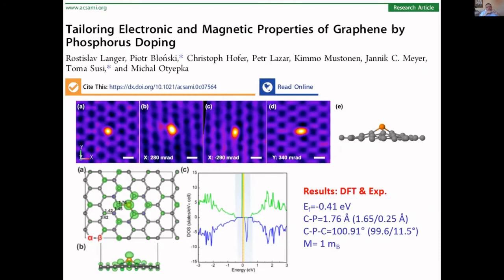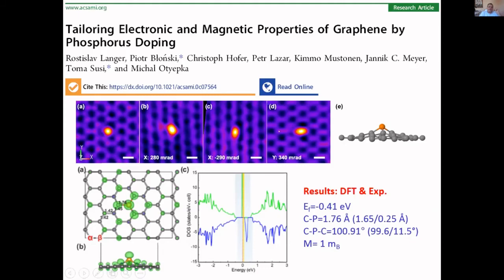This system has been studied from the theoretical point of view and reported in many papers, and in all of them, the people report a magnetic moment induced by the phosphorus. In this case, the impurity is substitutional. It's not absorbed. This is substitutional.